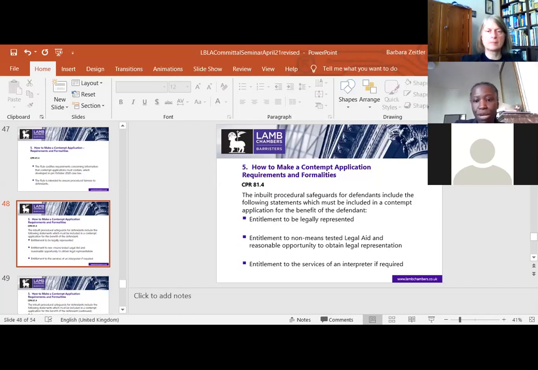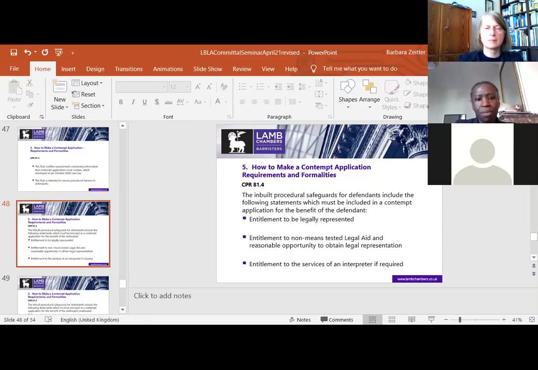The first and foremost is that the defendant has the right to be legally represented in contempt proceedings. This, I think, is really important because the nature of these proceedings are criminal, and because of that there is the risk that obviously the defendant will be deprived of their liberty.